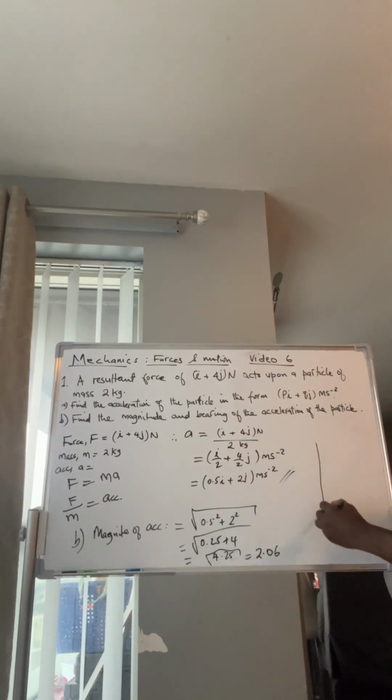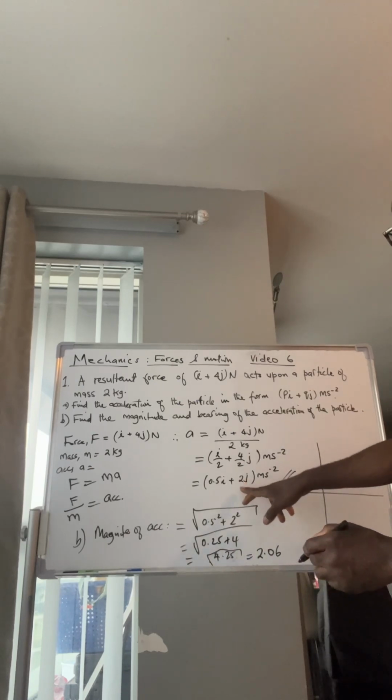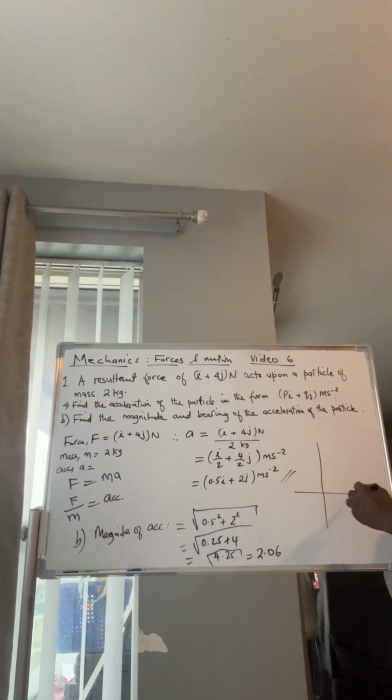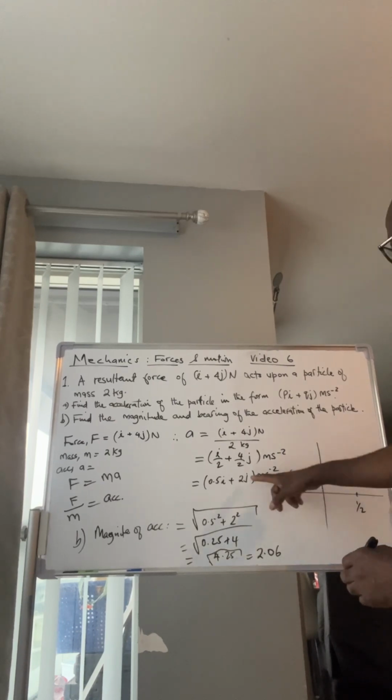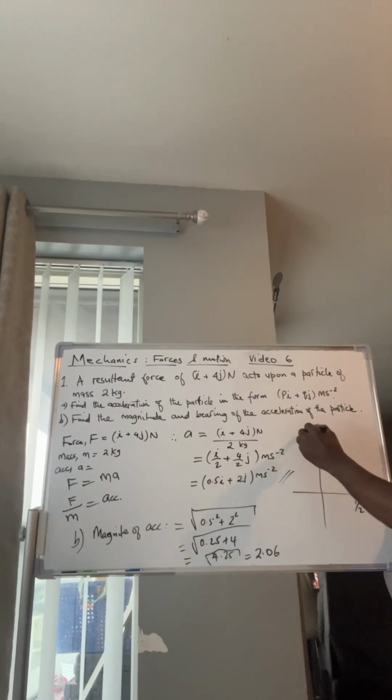Bearing, always, you draw your diagram. The acceleration: you know the I component is 0.5, which is just half, on the x-axis, and the J component is 2 units on the y-axis.